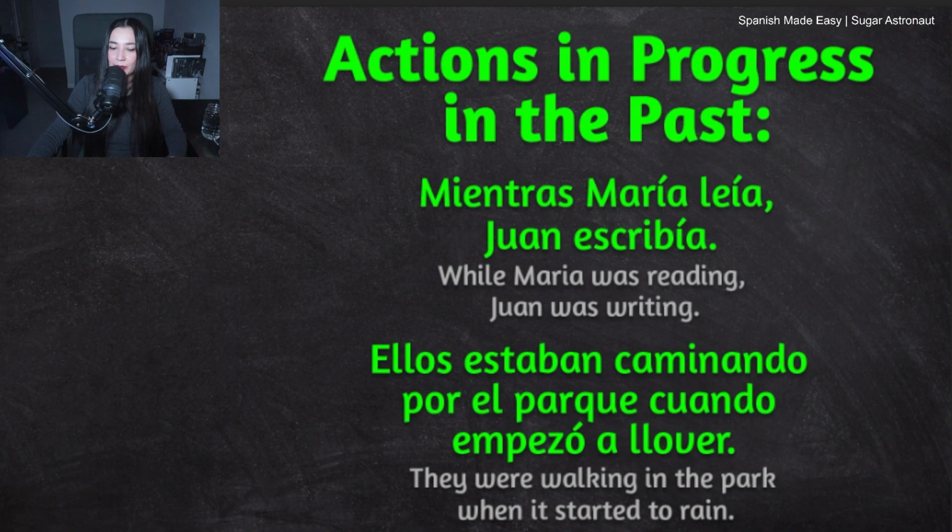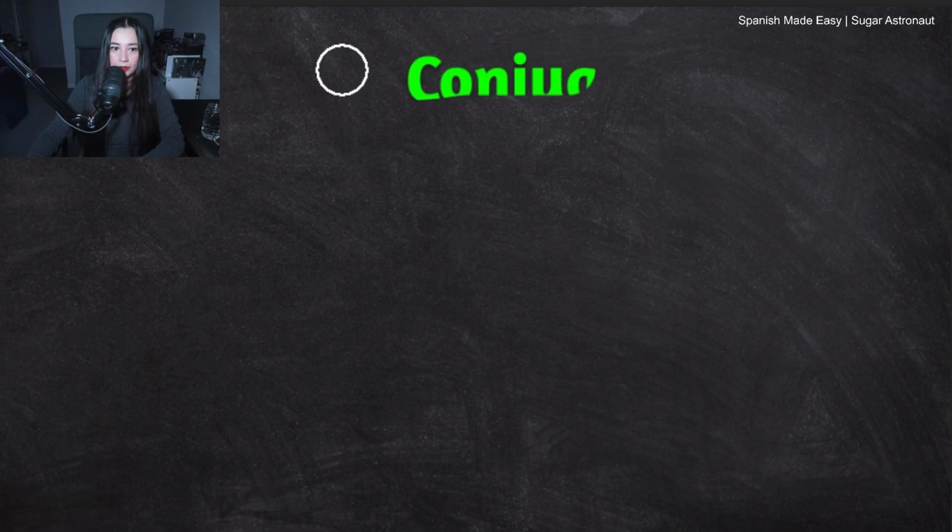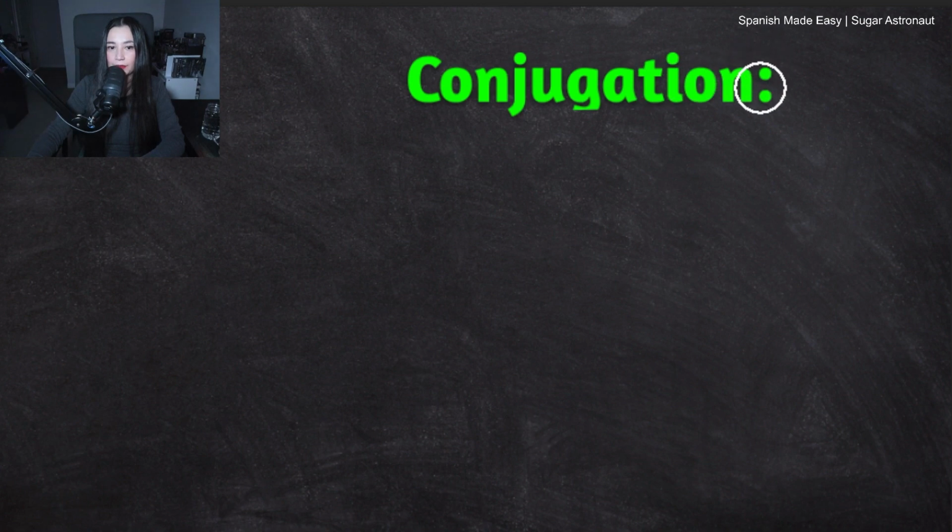Okay, so now let's talk about the conjugation of this tense, el imperfecto. It's very easy when talking about regular verbs. It's very easy. You just need to follow a few rules. And let's talk about that. So, in Spanish, we have different kinds of verbs.